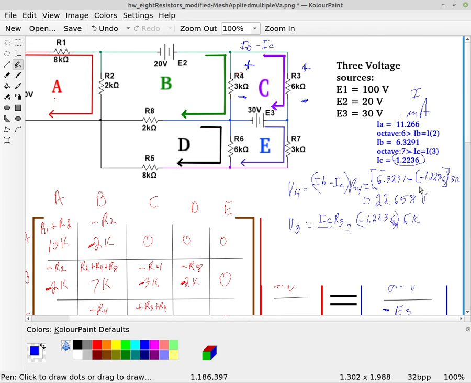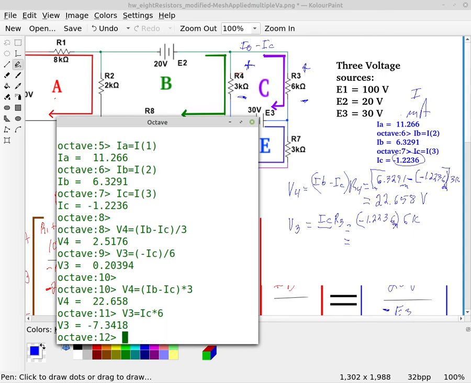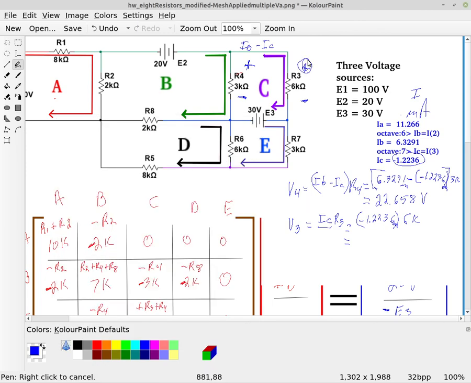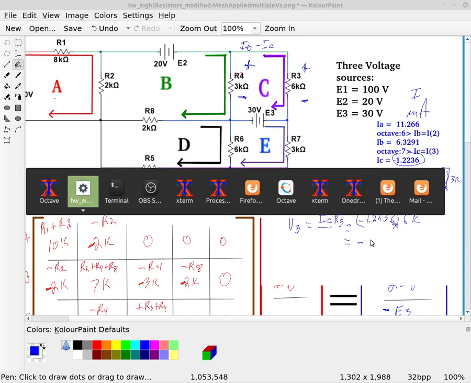Now remember, these currents up here were milliamperes, so let's put the m's in there so we have it. To calculate that, V3 is equal to IC times the 6K, which is a minus. So this is a negative voltage because I defined the positive side up top. So this is a minus 7.3418.